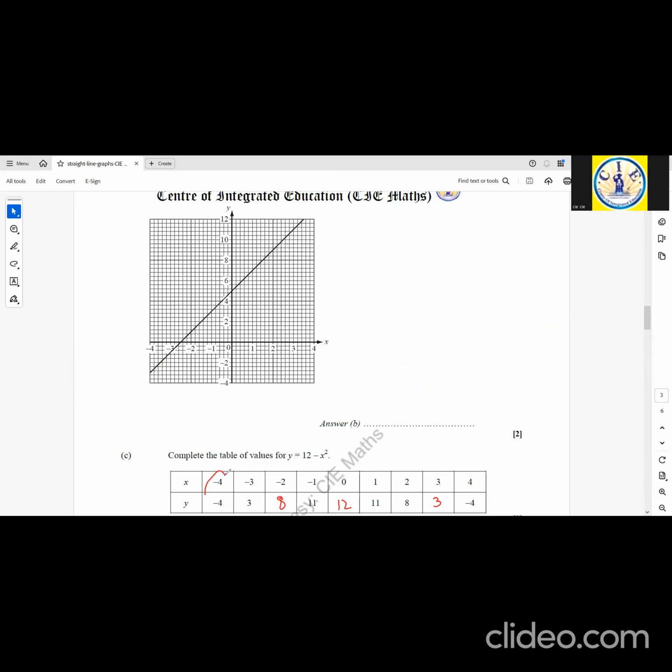I'm going to replace x equal to -4 into this, and the value of y is -4. So -4 corresponds to -4. This is the point. Then -3 corresponds to 3, in between 2 and 4.